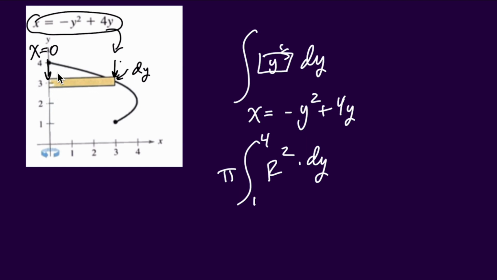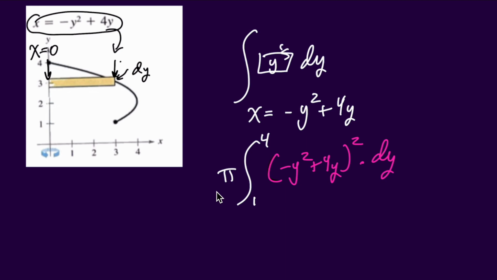So our radius is going to be this function minus 0, squared. Let's plug that right in because we know that the 0 is not going to play a role. So we're going to have this radius here in pink, negative y squared plus 4y, squared, times dy.